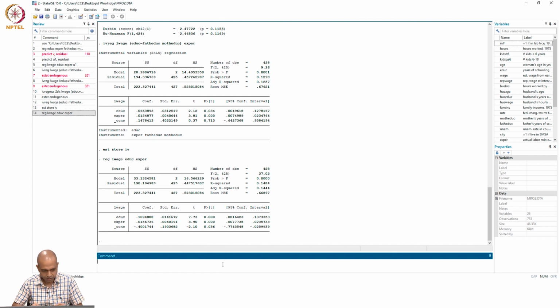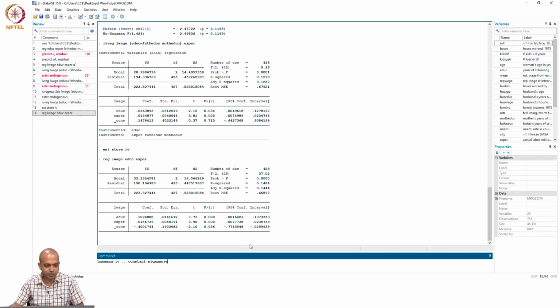Then we will put hausman iv, and the command is constant sigmamore.